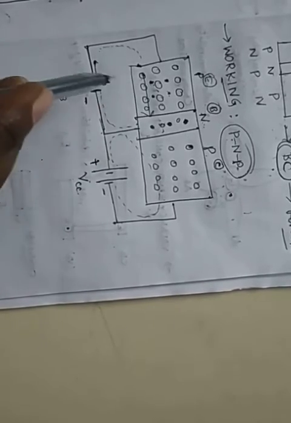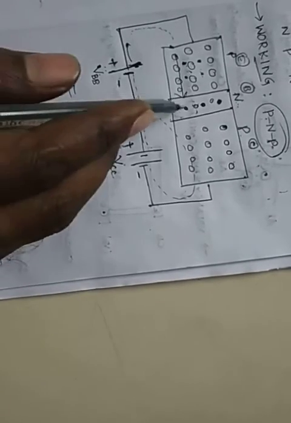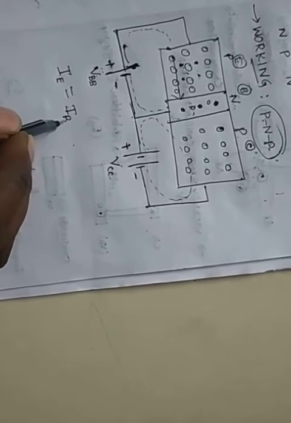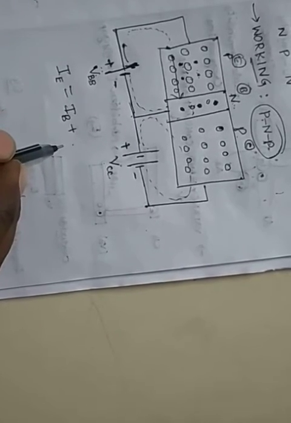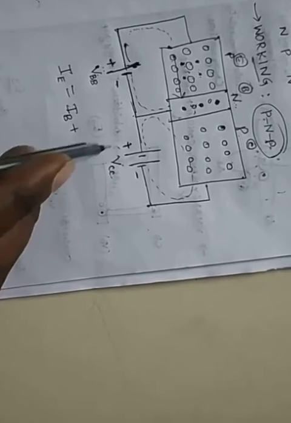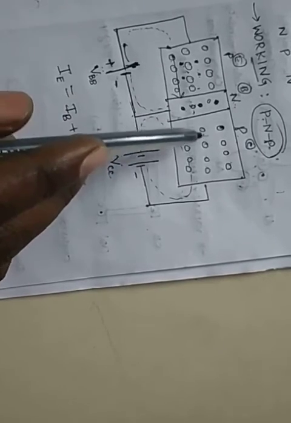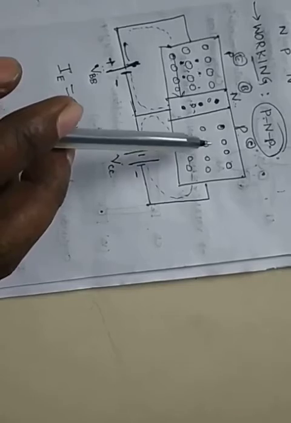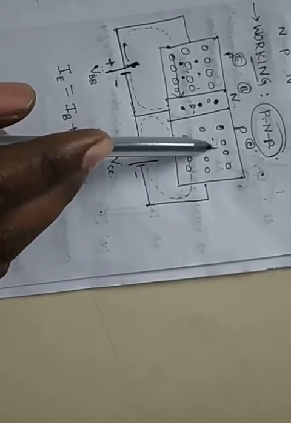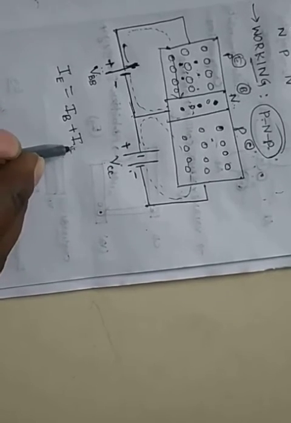Initially a current named the emitter current is produced. When it enters the base, it produces a small current called the base current. The maximum number of holes enter the collector region and are attracted by the negative terminal of the battery.